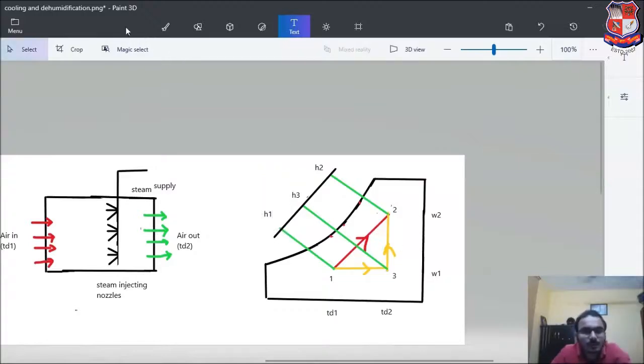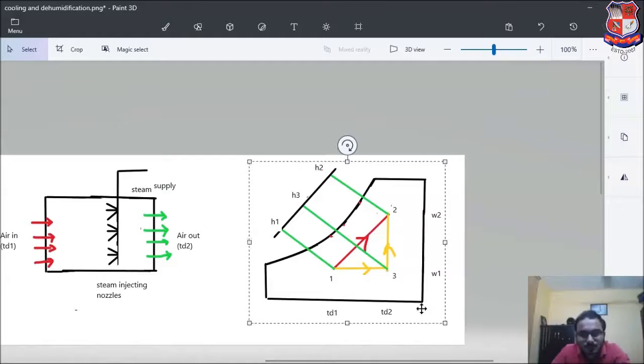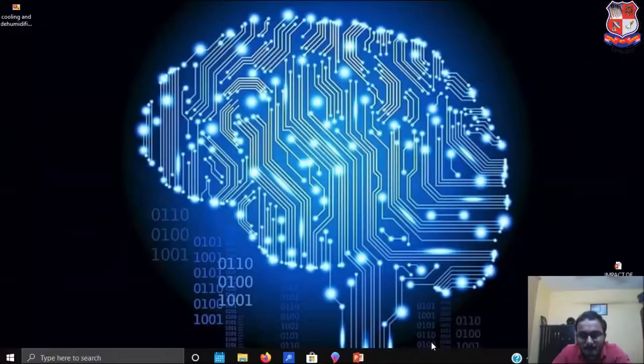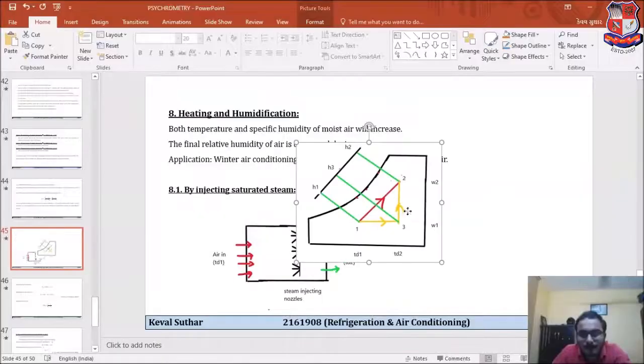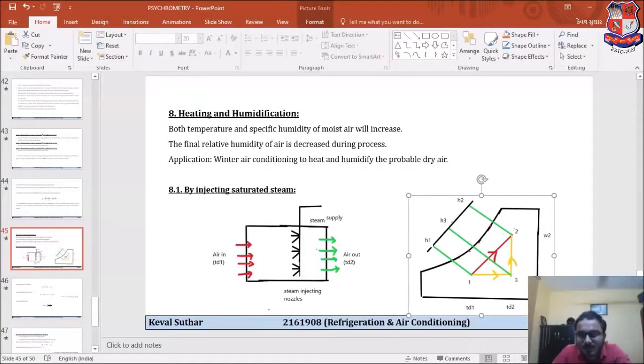So we can copy this now. Now we can copy this. So this is the psychrometric process for this.